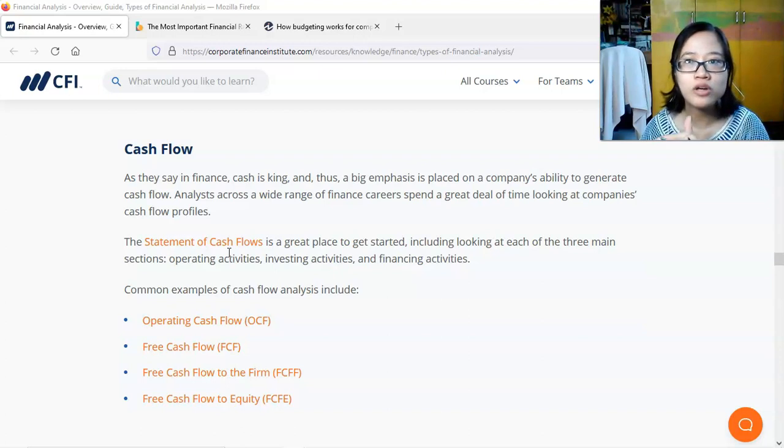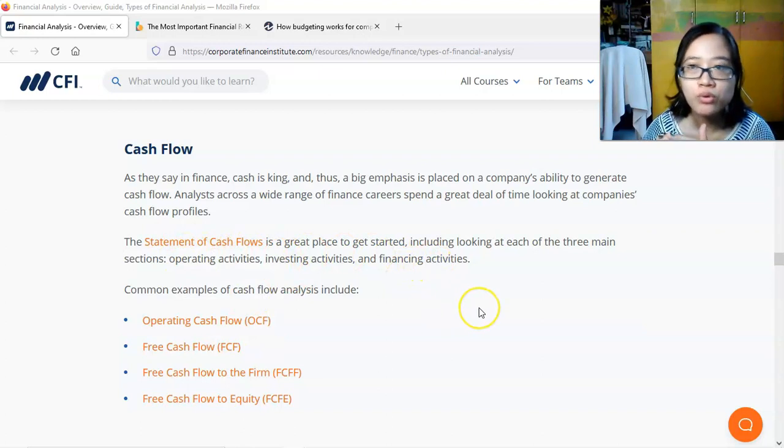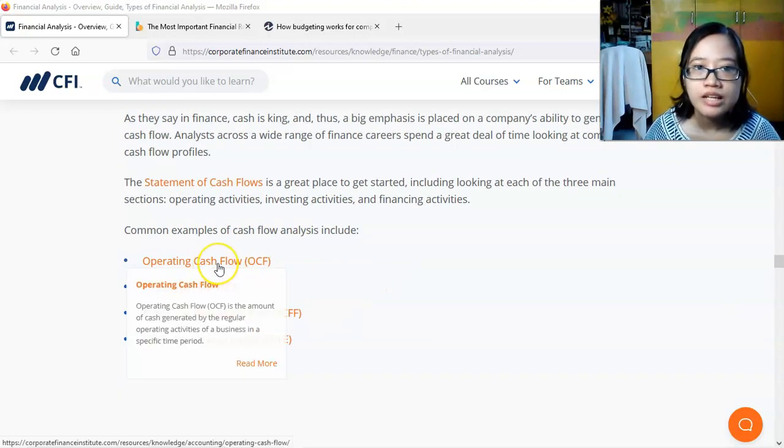So, yun kasi, I can't rely on that figure kasi nga affected siya nitong investing and financing activities. Okay, so, normally, ang focus ng isang tao na nagbabasa ng statement of cash flows ay itong operating activities.